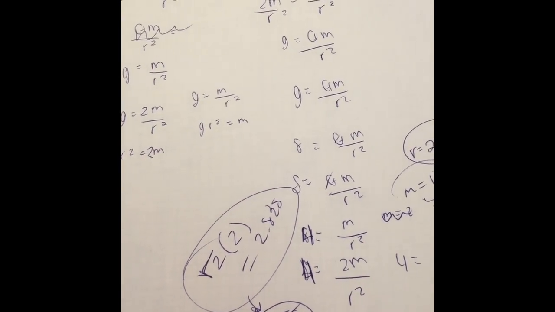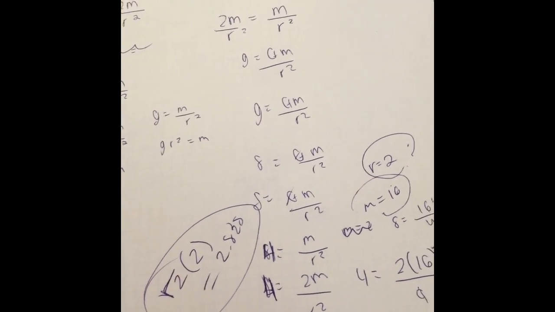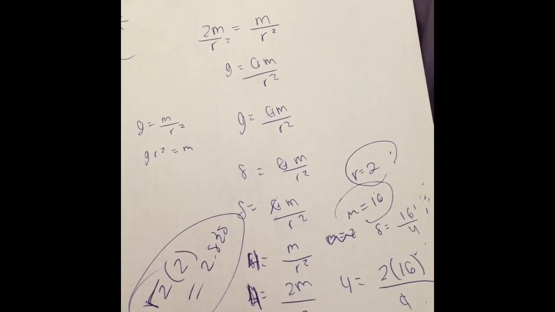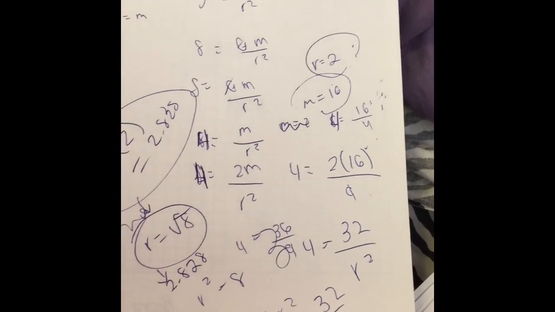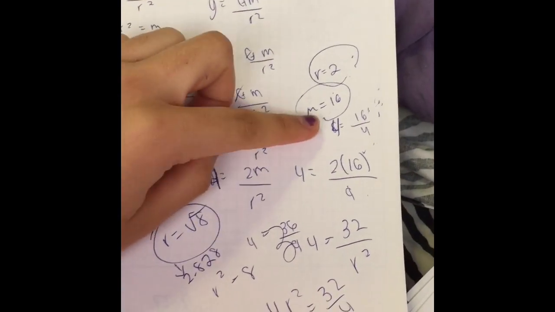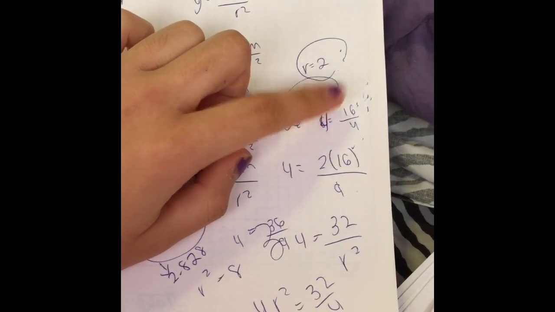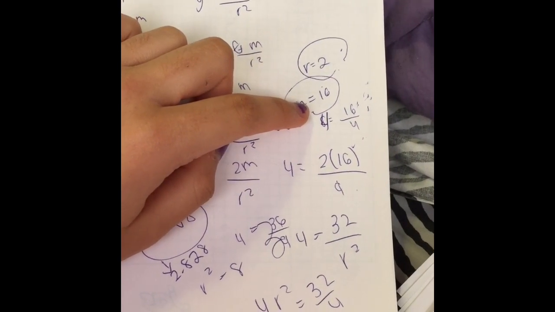So then you would set them equal to the same value. So you can set them equal to 4, and 16 divided by 4 is going to equal 4.